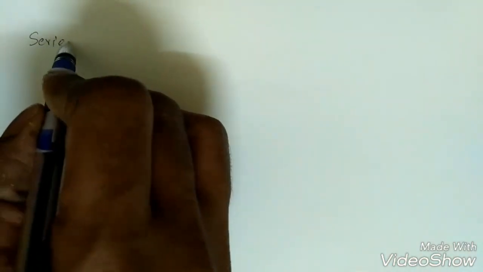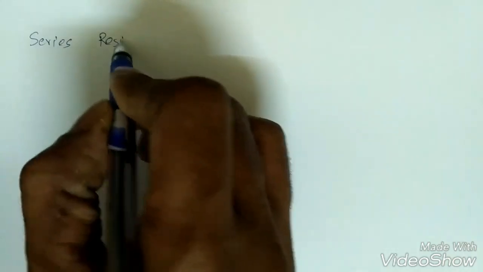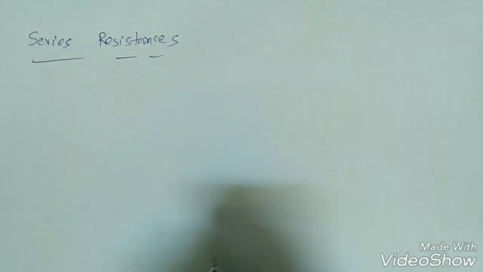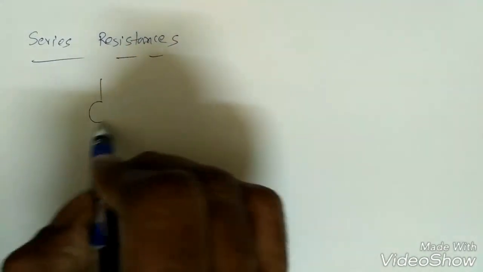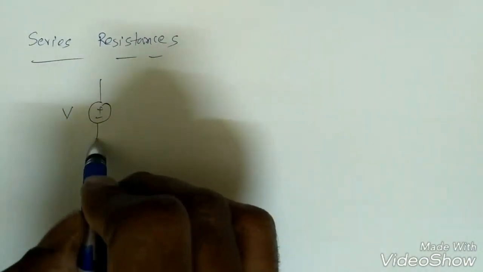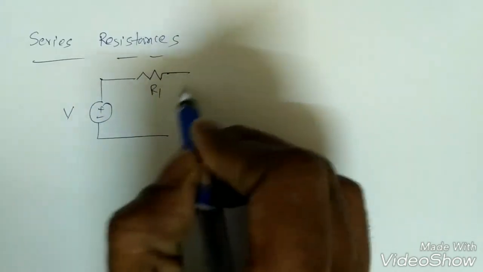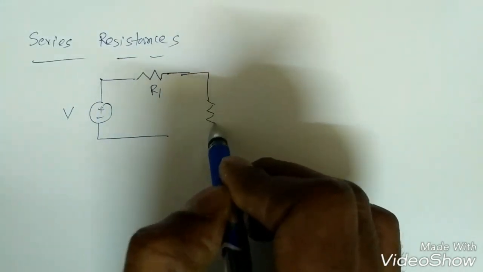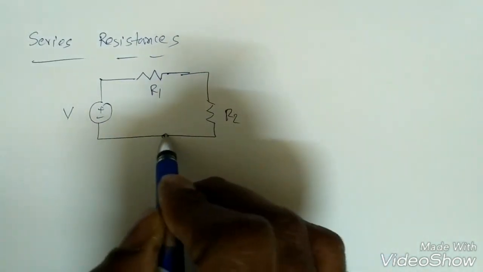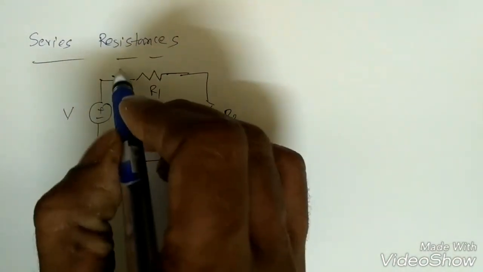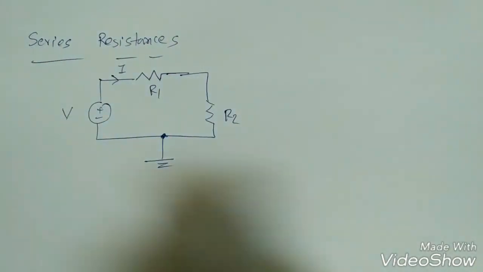Now, series resistances, right? Suppose a network is like this, with a source plus minus V, and two resistances in series, R1, R2. Always this should be grounded. Now if I assume some current I here, right?